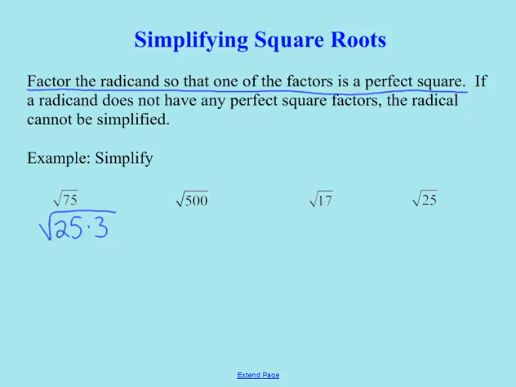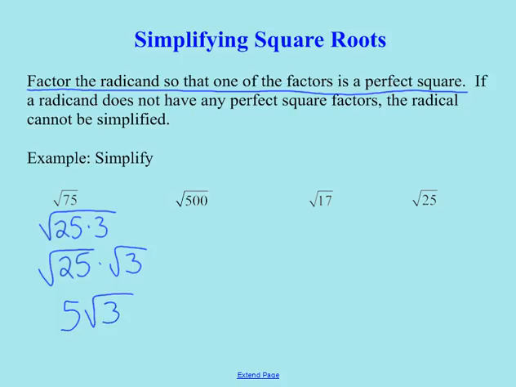Next, we're going to actually take the square root of 25. So we can think of this now as written as the square root of 25 times the square root of 3. Well, since 25 is a perfect square, we can take the square root of 25, which is 5, because we know that 5 times 5 is 25. 3 is not a perfect square, so we cannot take the square root of 3, so we simply write it as the square root of 3.